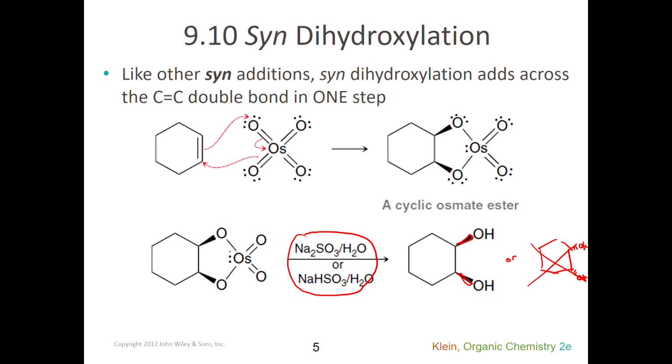Suffice it to say that when these bonds break and the oxygens end up bonding to hydrogens, that does not impact the stereochemistry at this center. So this first step is the key step that is the reason why we end up with syn addition. Because when both oxygens come in on the same side of the ring, there's no further reaction occurring at these carbons.